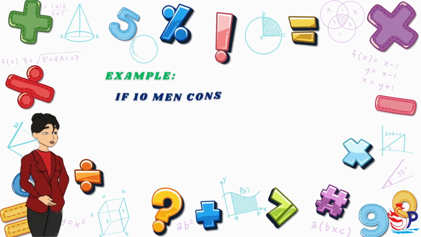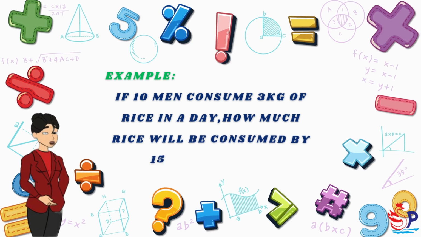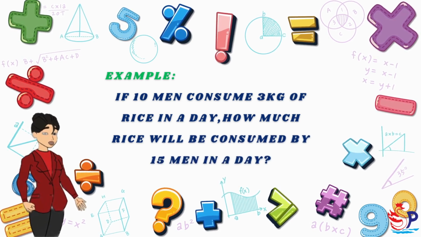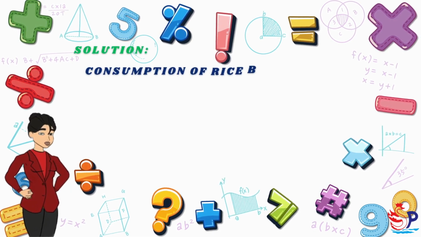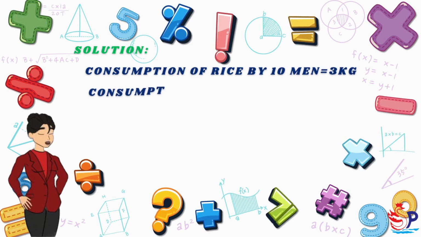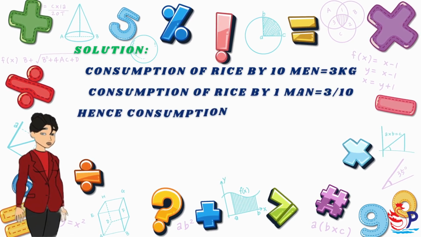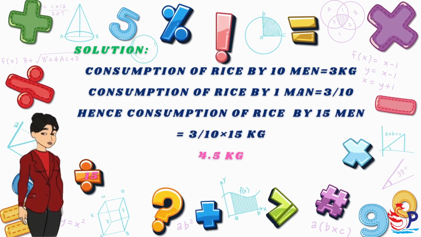Example: if 10 men consume 3 kilograms of rice in a day, how much rice will be consumed by 15 men in a day? Solution: consumption of rice by 10 men is equal to 3 kg. Consumption of rice by 1 man is equal to 3 by 10.